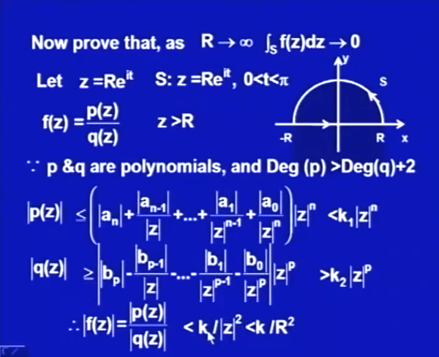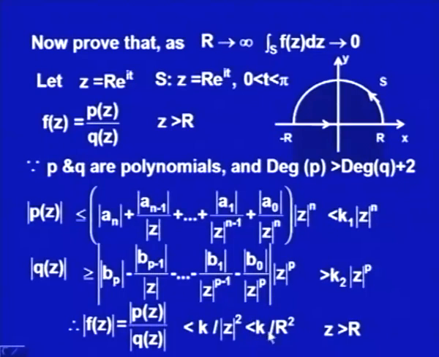Now, when |z| is greater than r, we know 1 upon |z|^2 would be less than 1 upon r^2. So, we say this is less than or equal to k upon r^2. As r approaches infinity, k upon r^2 approaches 0. So we have found that when |z| is greater than r, my function f(z) is bounded by a constant.